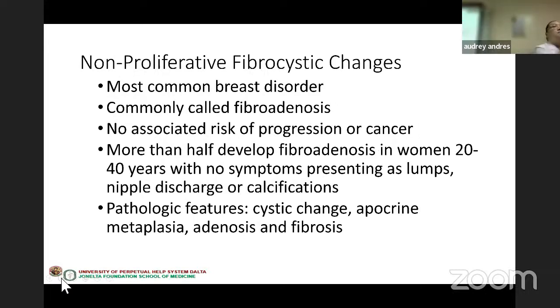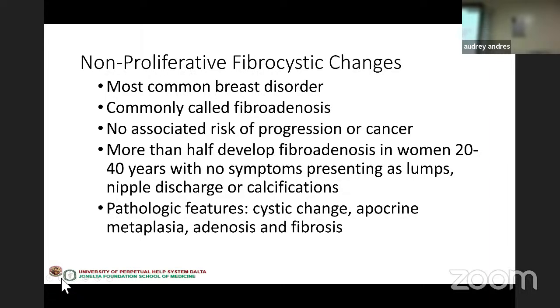So another would be your non-proliferative fibrocystic change. Nowadays you have to know the most common breast disorder is non-proliferative fibrocystic change. It's also known as fibroadenosis.